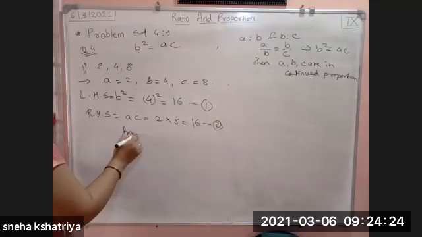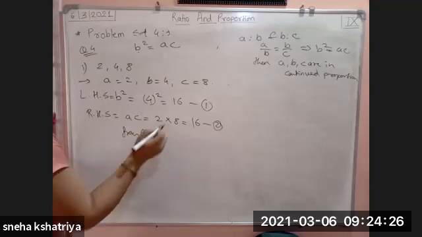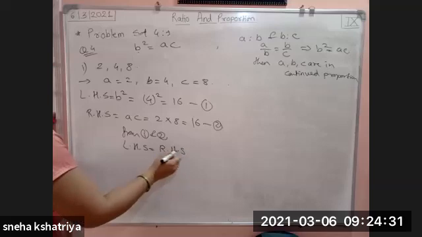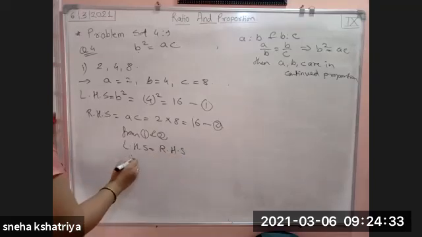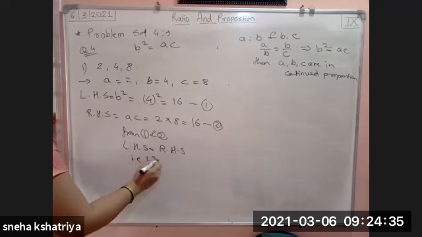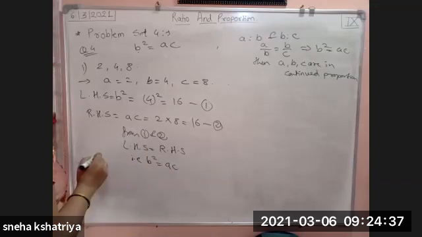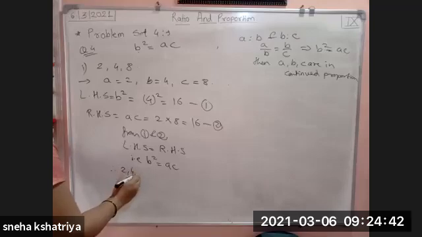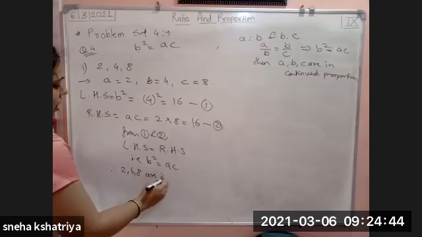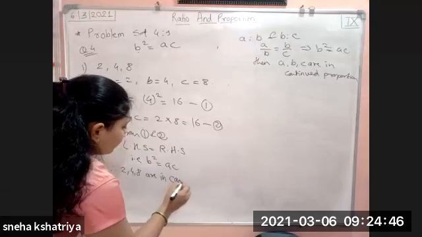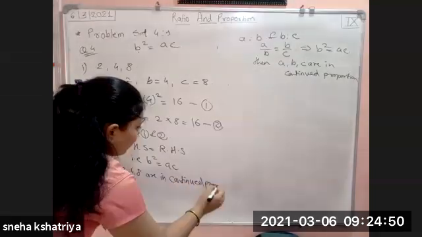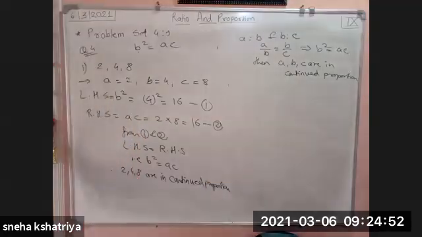From 1 and 2, LHS is equal to RHS, that is B square is equal to AC. Therefore, the given numbers 2, 4, 8 are in continued proportion.